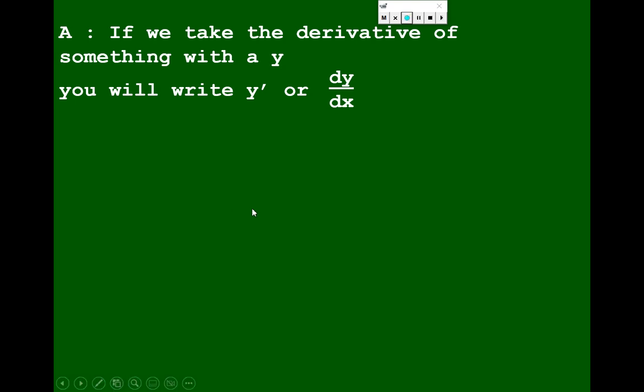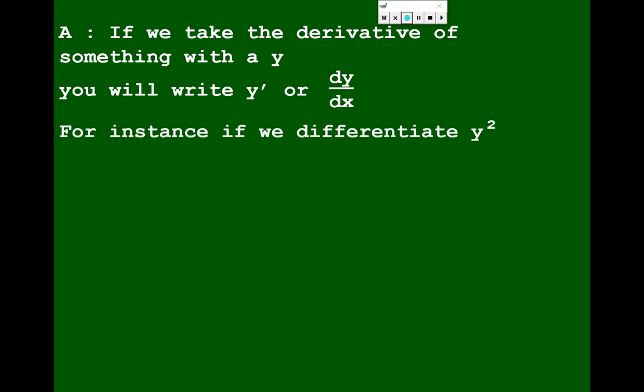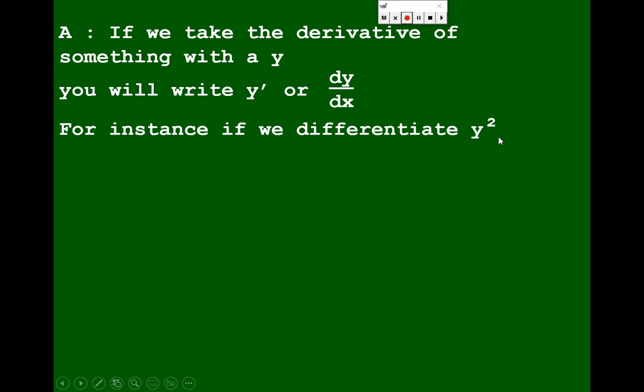I'm going to show you with a really quick example, something you could do too. I want you to pause the video and take the derivative of y to the second power, just like you normally would if I put it on the board in class.